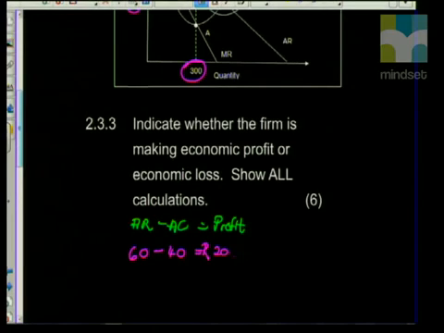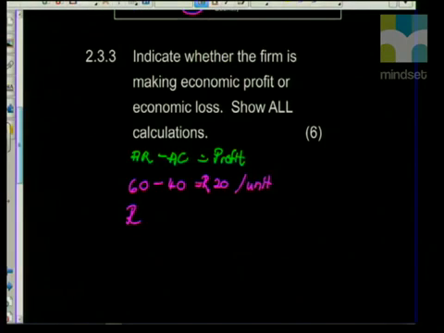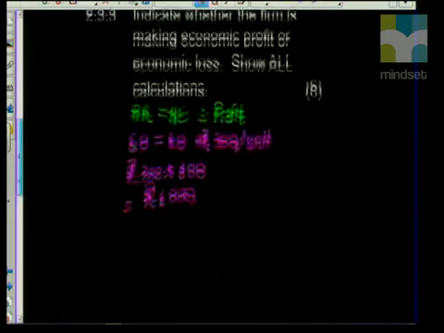The important thing that you have to remember is that this is only per unit. Because they sell 300 units, you have to take my answer and multiply it by 300 units, and that will come down to 6,000 Rand. So the economic profit equals 6,000 Rand.